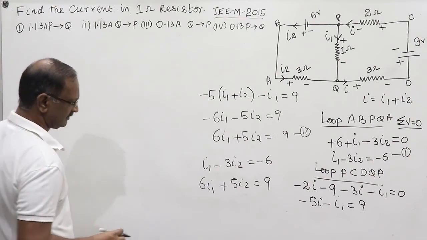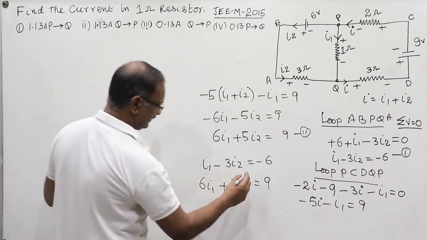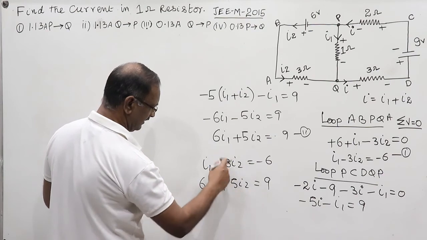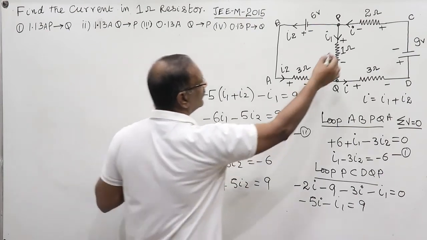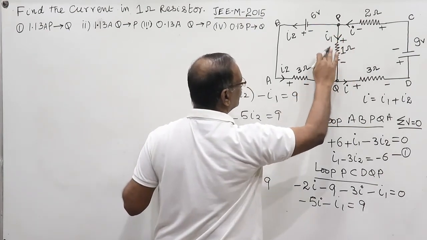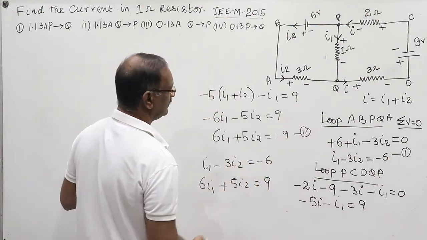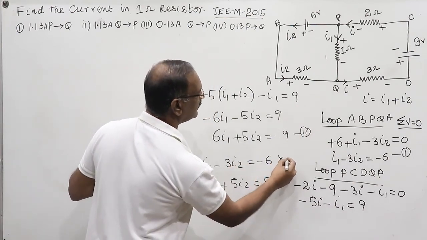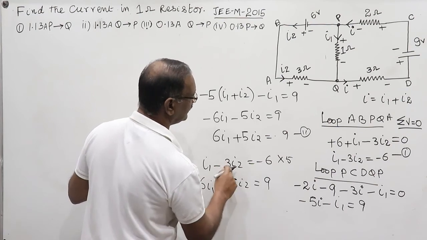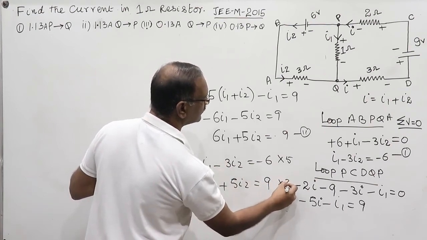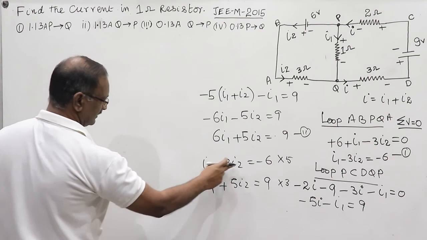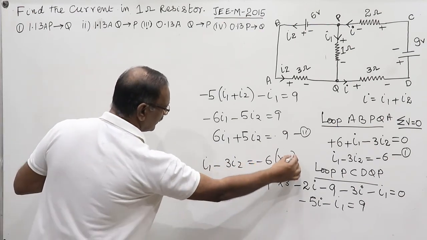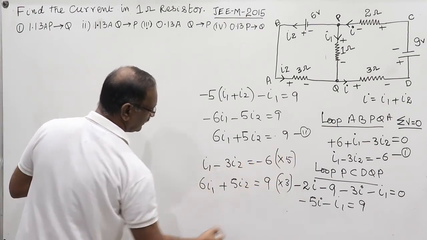Now let us solve. Because we want to find the current in this one, we need I1, so we will eliminate I2. We multiply the first equation by 5 and the second equation by 3.